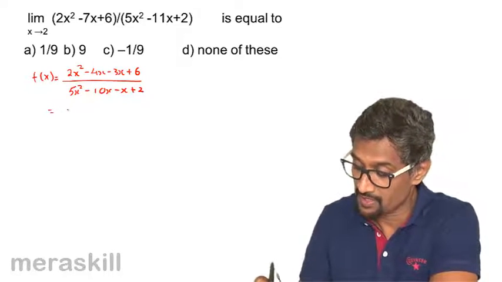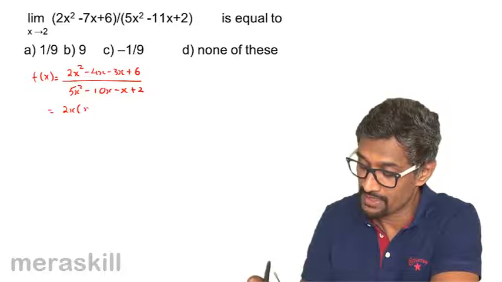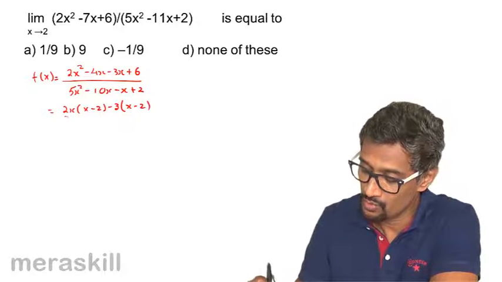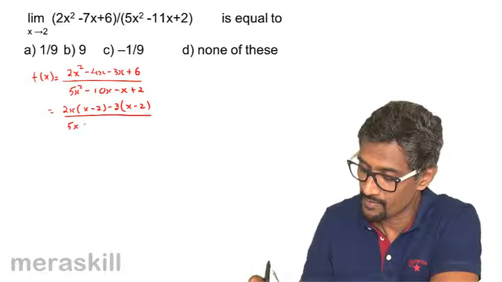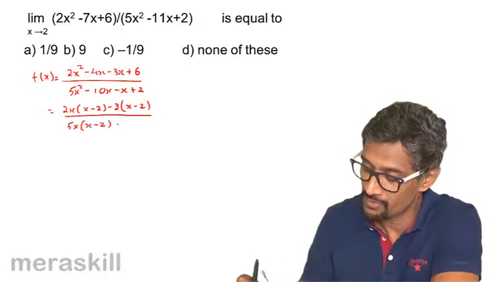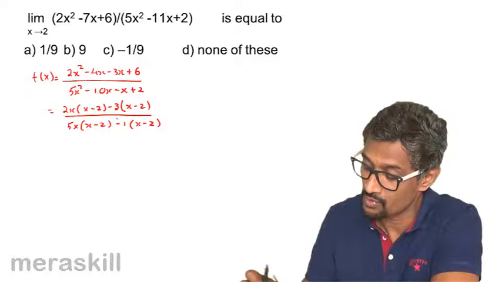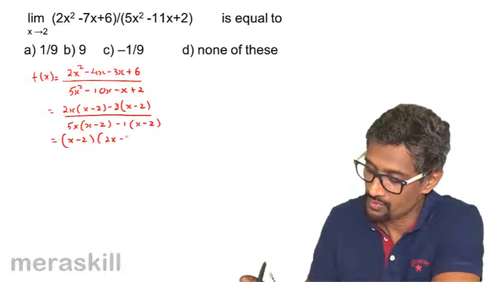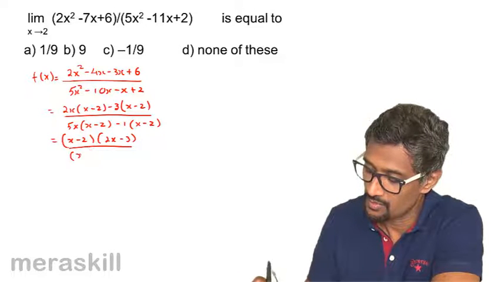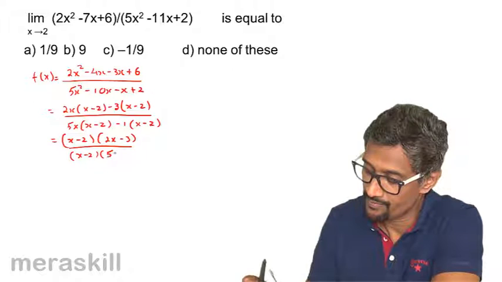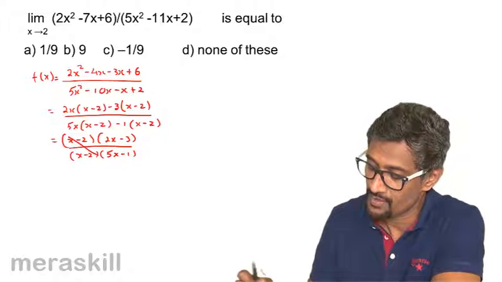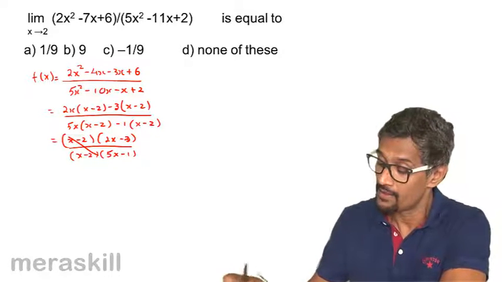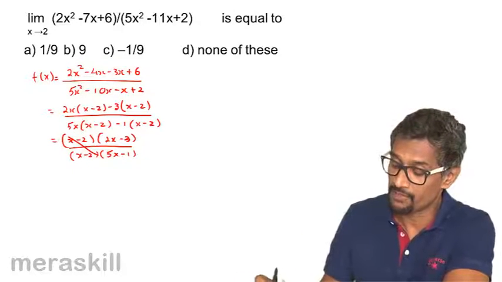This on simplification gives you 2x into x minus 2 minus 3 into x minus 2, upon 5x into x minus 2 minus 1 into x minus 2. This will give you x minus 2 into 2x minus 3 upon 5x minus 1. So the function becomes this.